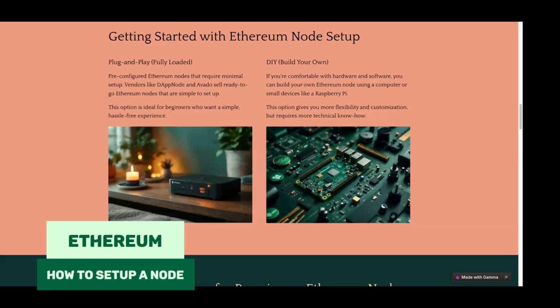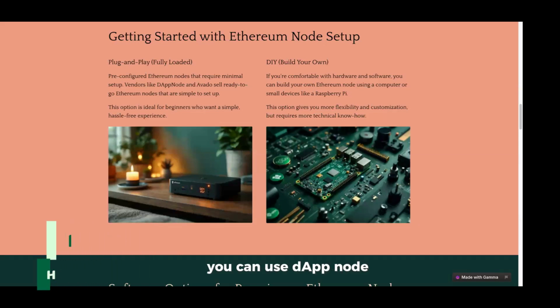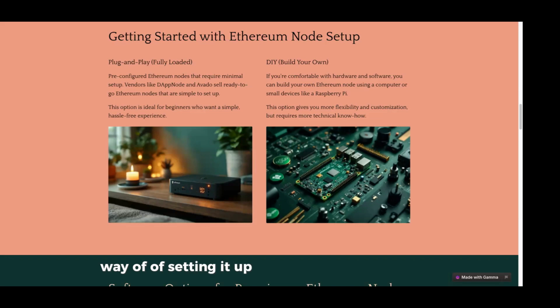You can use DAppNode, which is more of a plug and play way of setting it up. Things like DAppNode are pre-configured Ethereum nodes, so you just require minimal configuration to set it up. It doesn't really require much.